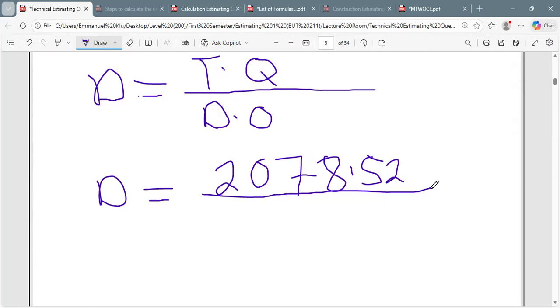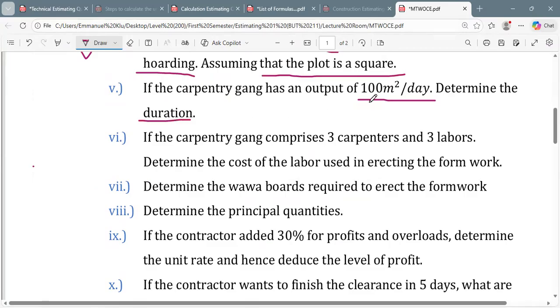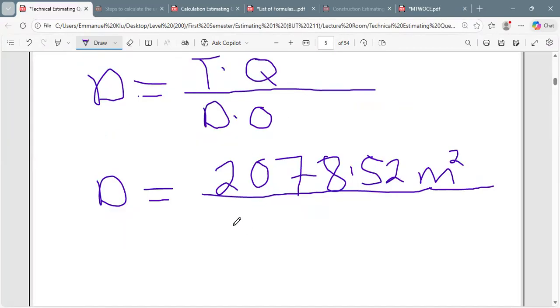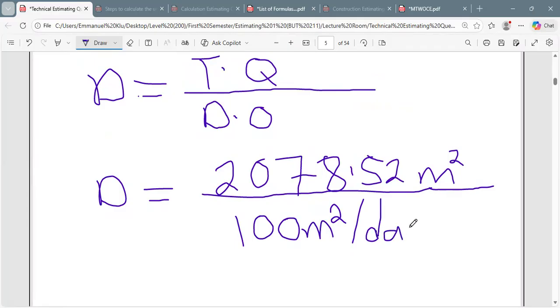207.8.52 meters squared all over the daily output. And the daily output of the carpentry gang is 100 meters squared per day.